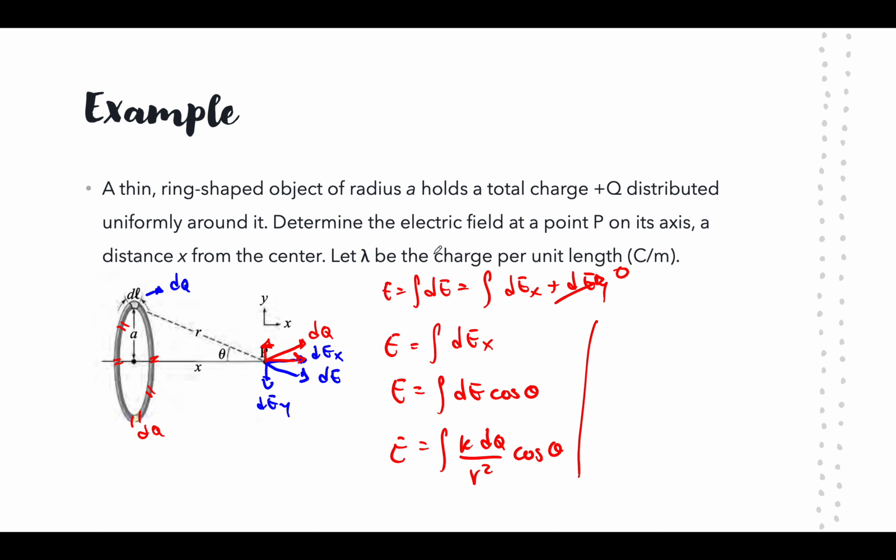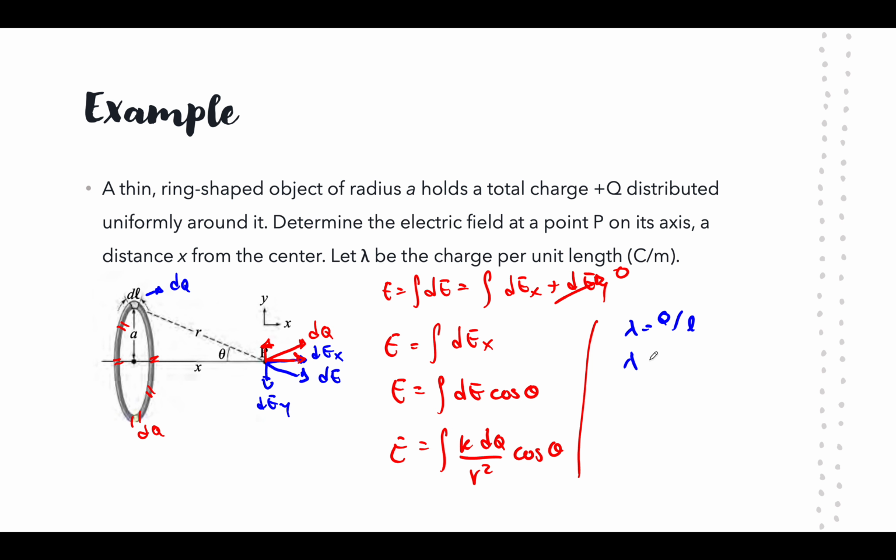Now, here we have that lambda is equal to the charge density, the charge per unit length, which is coulombs per meter. So I can say that lambda is equal to Q over L, charge over length. But this ratio is a constant.